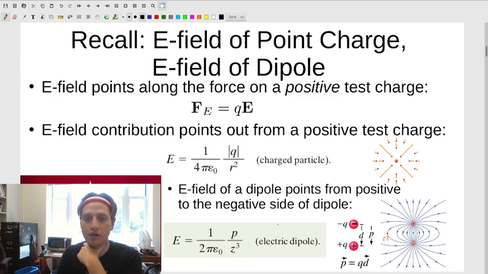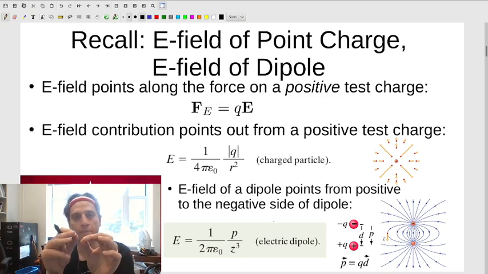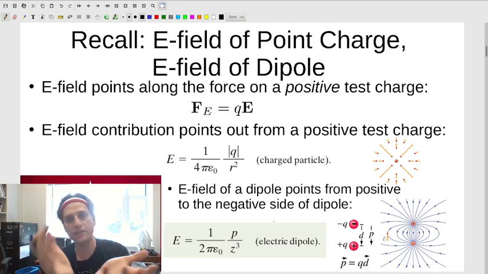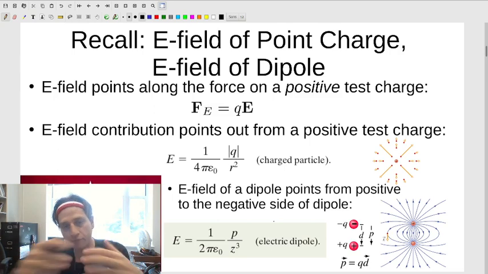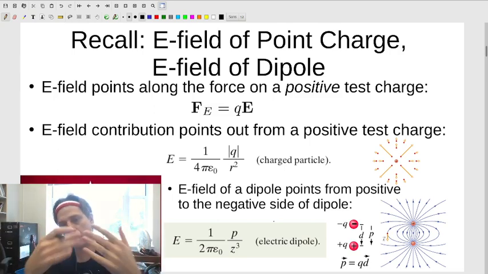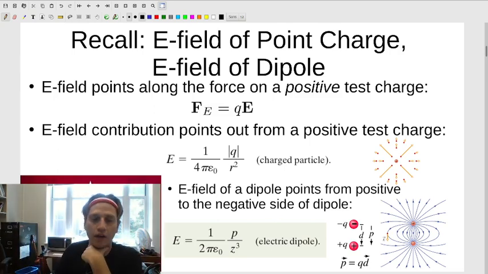Because they're close to each other, the total charge is zero, and at far enough distances, the electric field should die off. And as we find out, the electric field does die off more quickly than for our point charge. Instead of dying off as 1 over r squared, it dies off as 1 over r cubed.